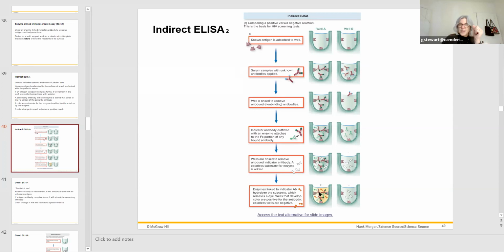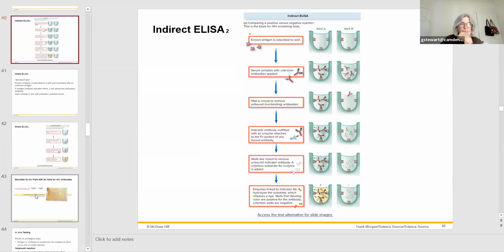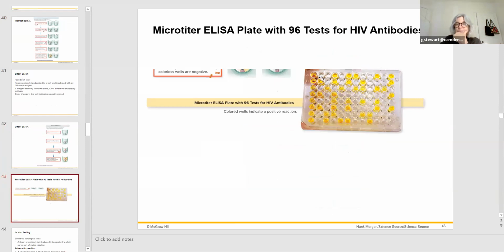Then we have the substrate, and it's an enzyme that we chose because when the enzyme binds to the substrate, it changes the color. And here's a positive ELISA test. That's a little better than my picture that I drew, right? And you put this little plastic dish into a machine, and you run controls.